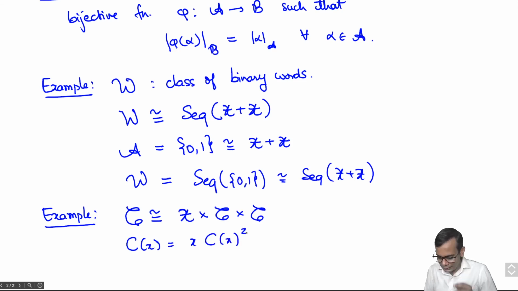So what you're seeing is that this identity here of generating functions comes from this bijection here of combinatorial classes.